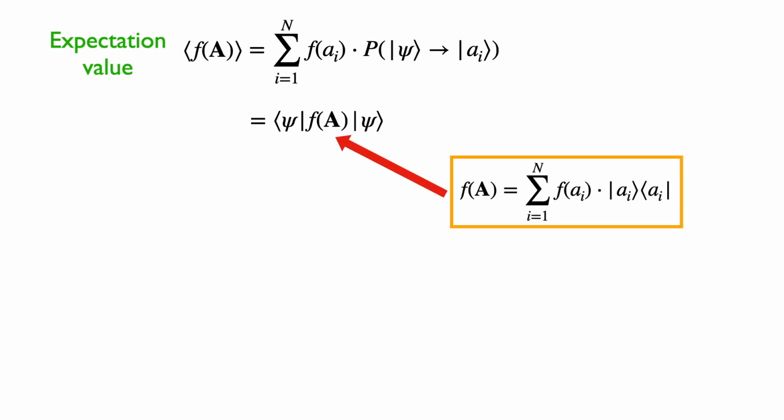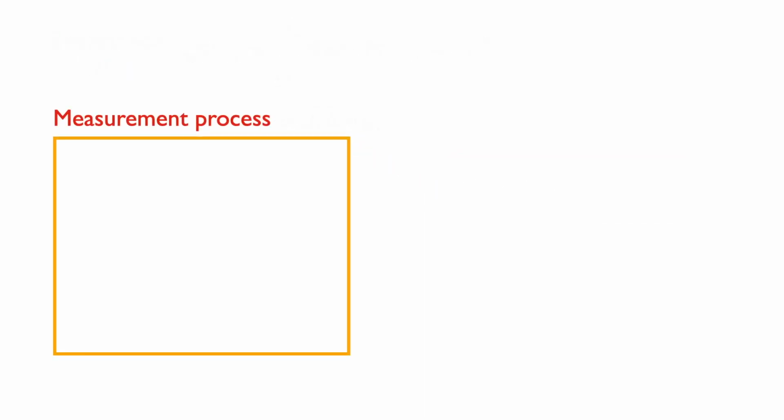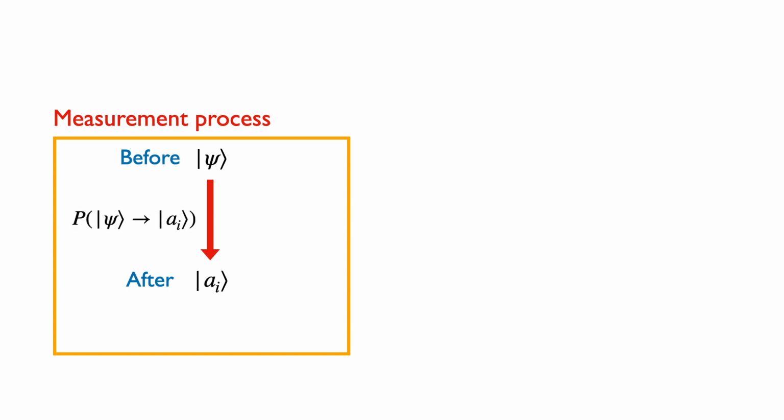It is worthwhile to review what goes on when we measure observable A. If the system is in an initial state psi, after measurement, the system is found to be in state a_i with a probability prescribed by quantum mechanics. We get from this measurement a reading of either a_i or some other values related to it by some function f.